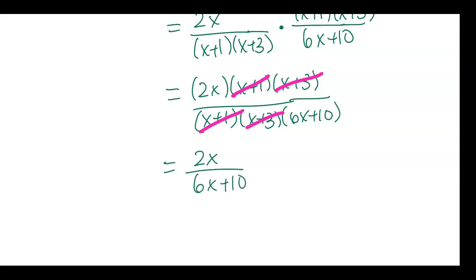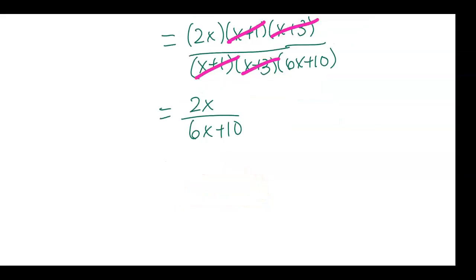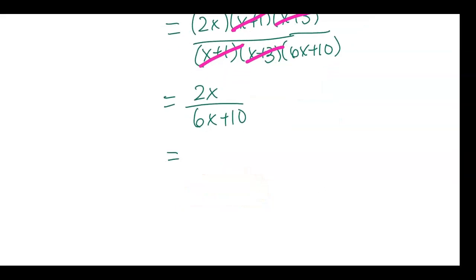But I didn't get that as my answer. In this denominator, can I cancel, or can I factor anything out? What can I factor out? A 2. So we'll have 2 times 3x plus, what's the second number? What's 10 divided by 2? 5.